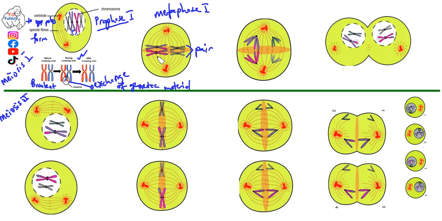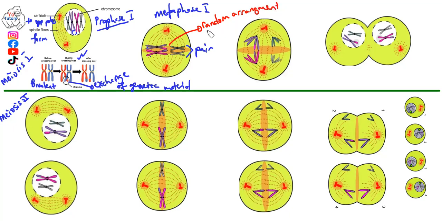The chromosomes can be arranged any way on the equator. They arrange themselves randomly, so we call that random arrangement.